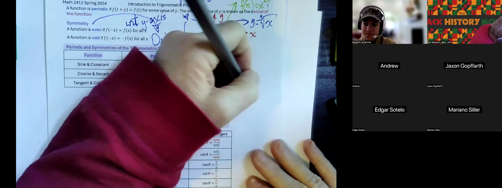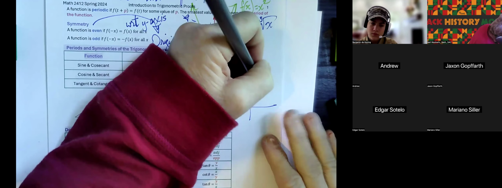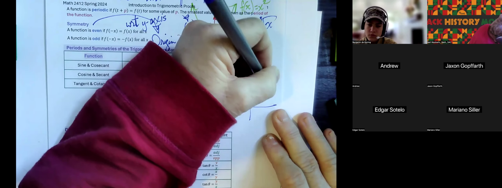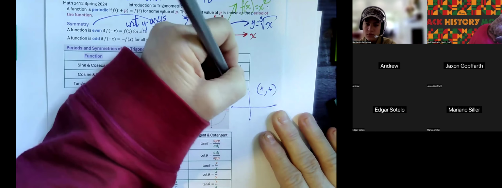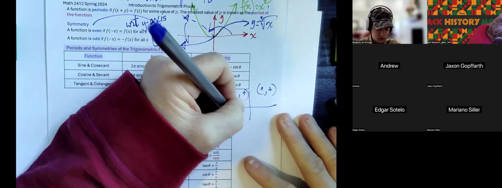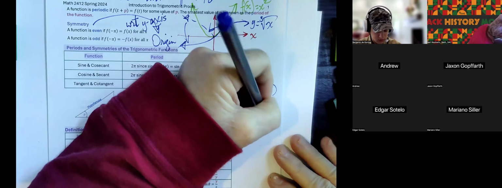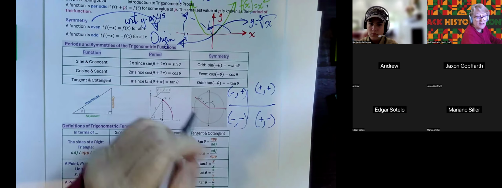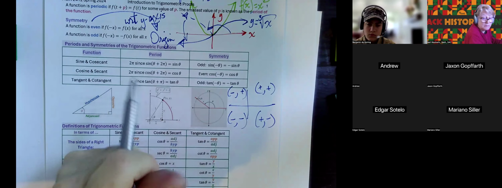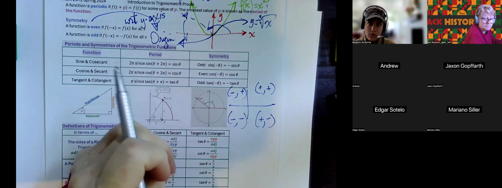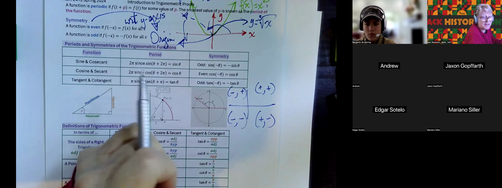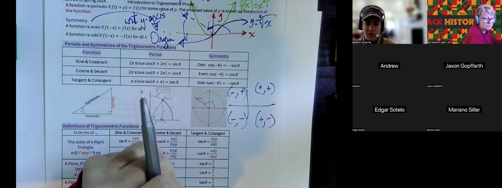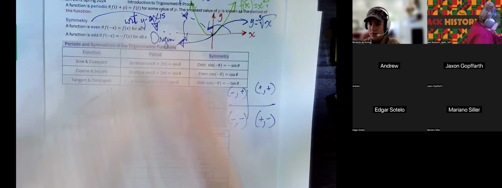Okay, so we've got plus plus, minus plus, minus minus, plus minus. Which one does sine go with? First coordinate or second? Second.